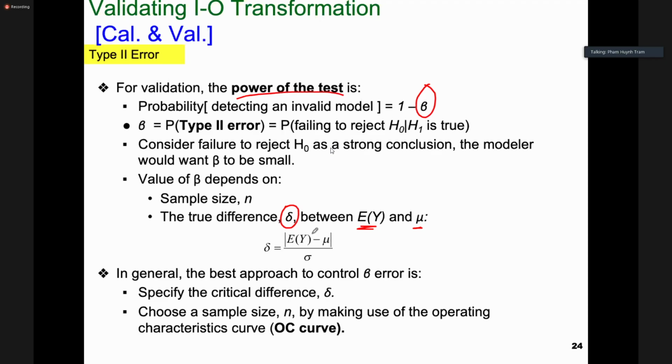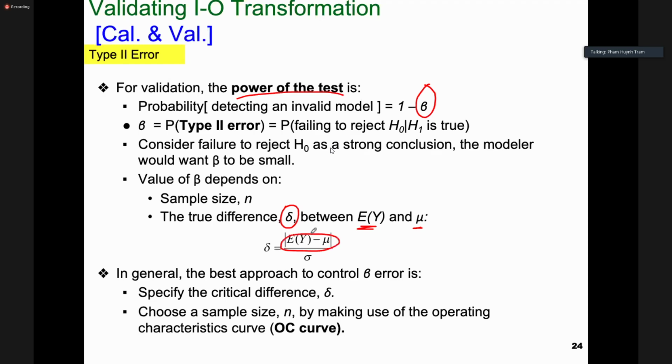Larger than that, it is really different. Or the manager may say, well, I allow 15 minutes difference. To me, smaller than 15 minutes doesn't make any difference, but if your simulation model gives a result that is 50 minutes different from my system, I would consider it really different. So that one is considered the practical difference, not the statistical one.